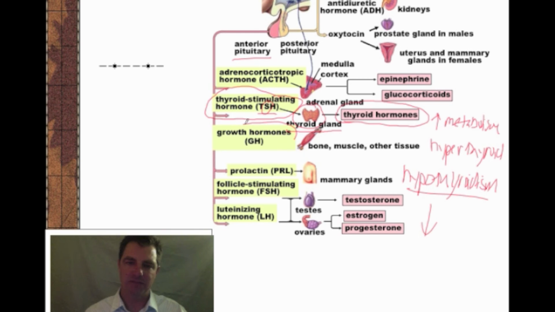Growth hormone, I already mentioned to you, is involved in growth. So as you grow, say from a child to an adult, growth hormone being released throughout your young adult life allows your bones and muscles and other tissues to increase.